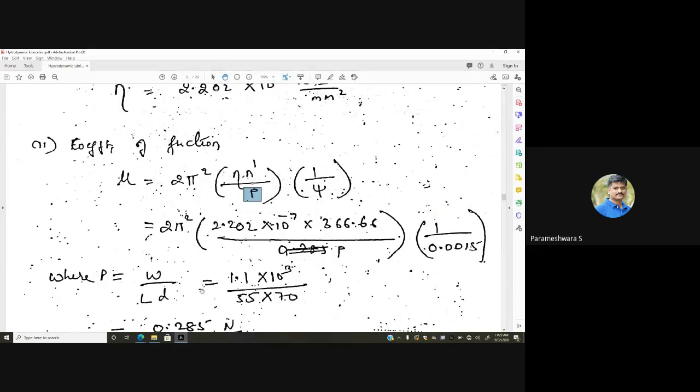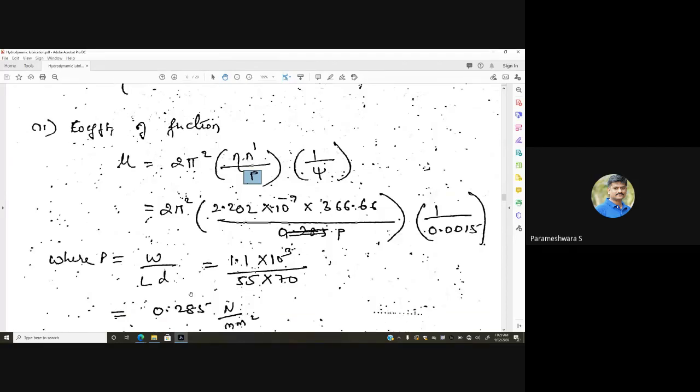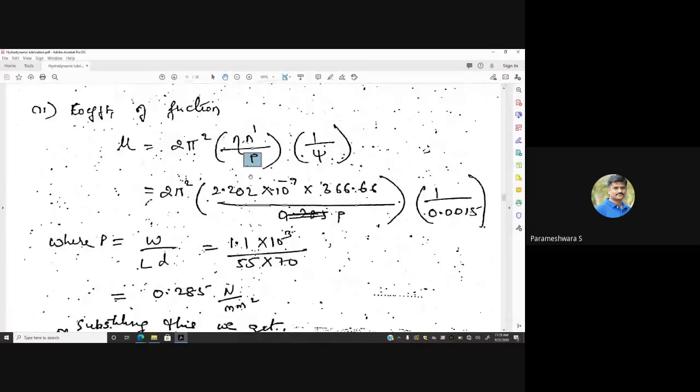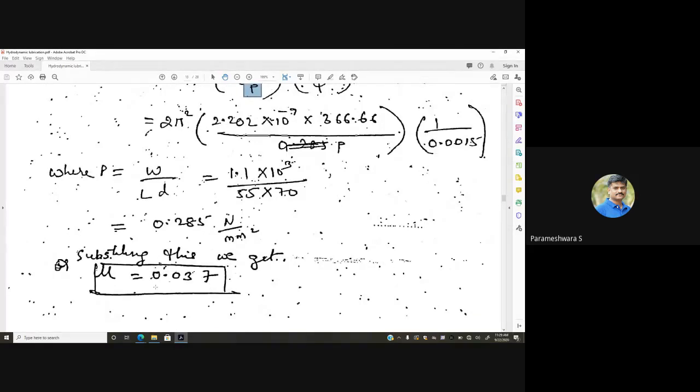So just use the dimensions L into D and the load, calculate the pressure P, and substitute this pressure into the coefficient of friction equation and calculate the coefficient of friction. So it is 0.037. So the problem is over.